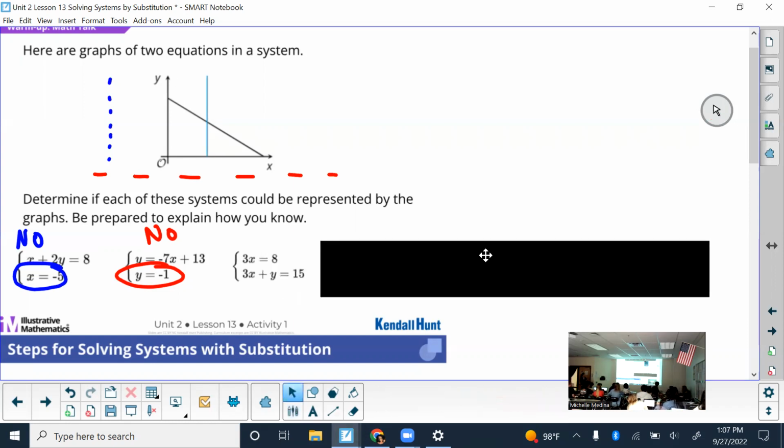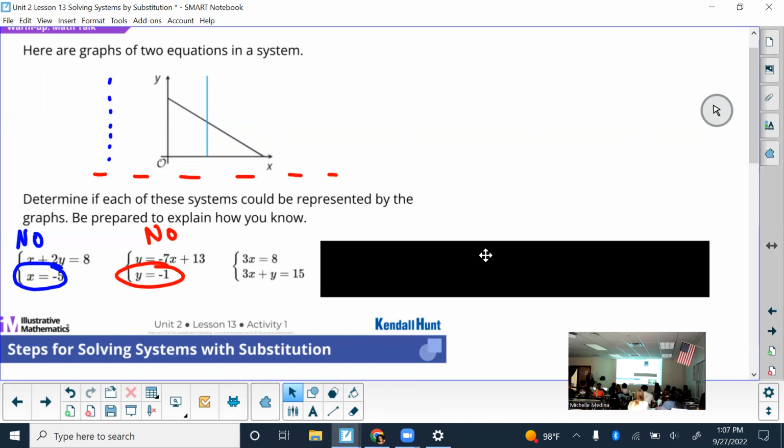Try this one, stop packing up, or I'll hold you after. Focus, and then I'll let you pack up. So could this one be represented by the graph? Looking for those sums, everyone should be looking at it, not talking.